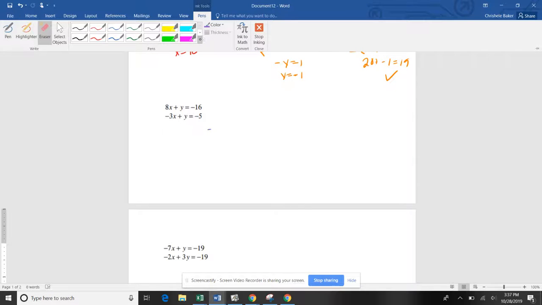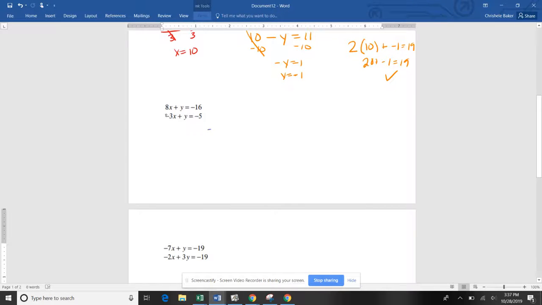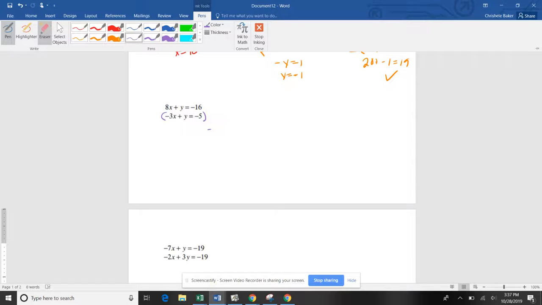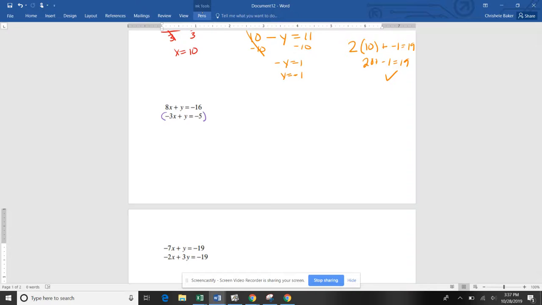If I were to take this second equation, or the first one, it actually doesn't matter, and multiply it by negative 1, I will have successfully canceled out my y's. So I'm going to leave this top equation how it is, and I'm going to distribute a negative 1 to this entire equation.